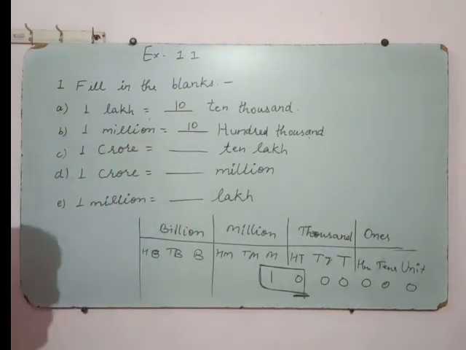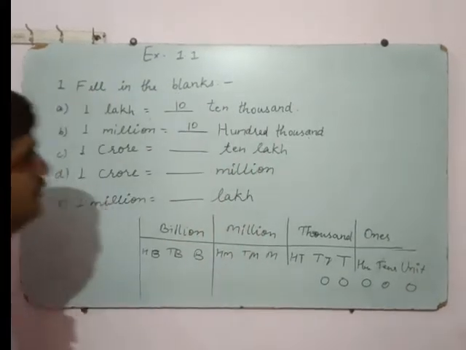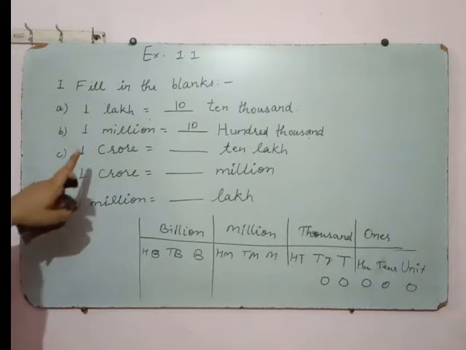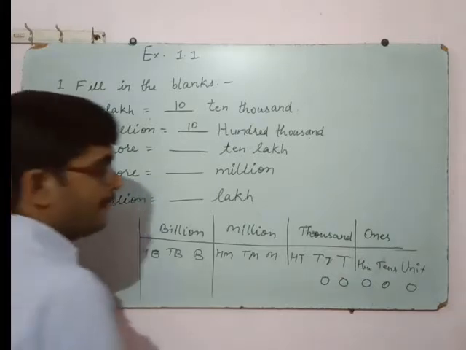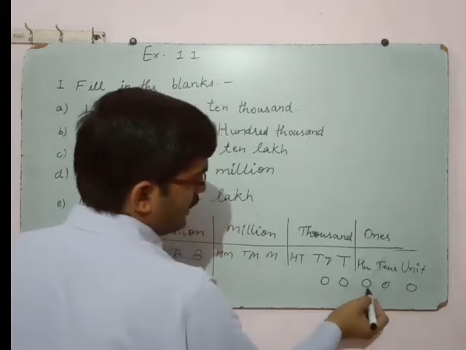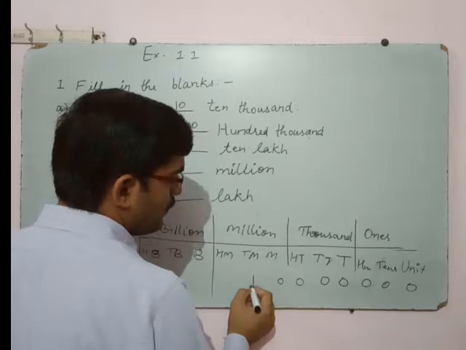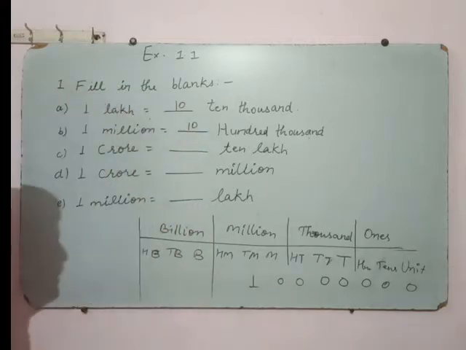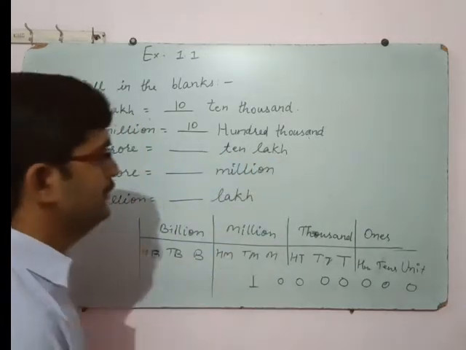Okay. So next, 1 crore. 1 crore means ones, tens, 100, 1000, 10,000, lakh, 10 lakh, crore. 1 crore means 10 million. Or 1 crore makes how many 10 lakh?